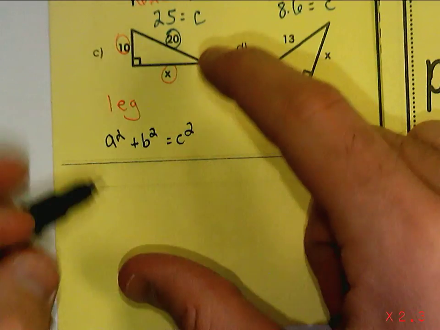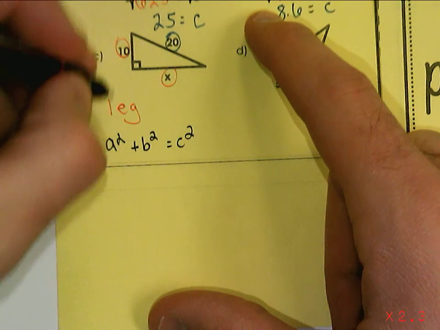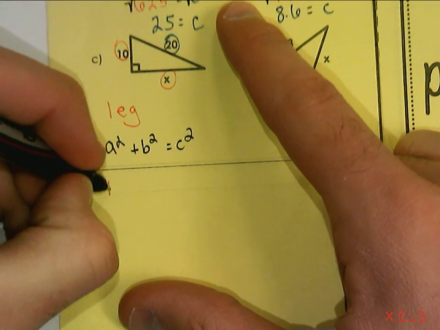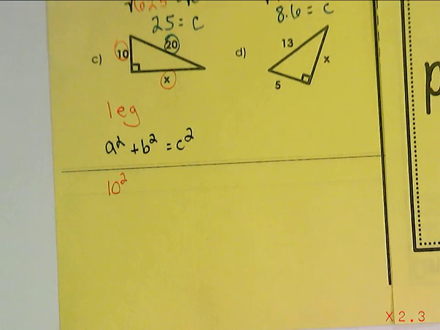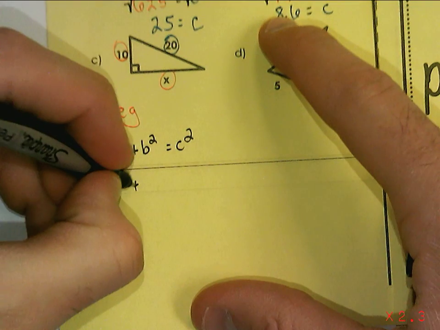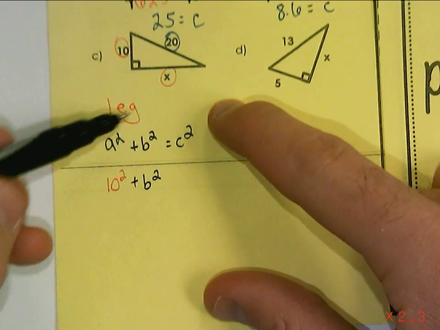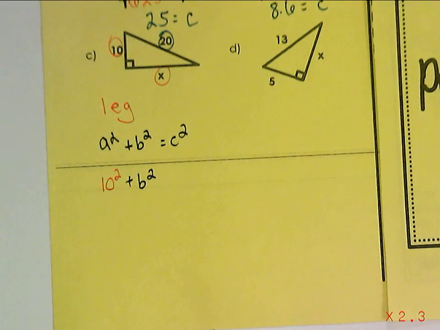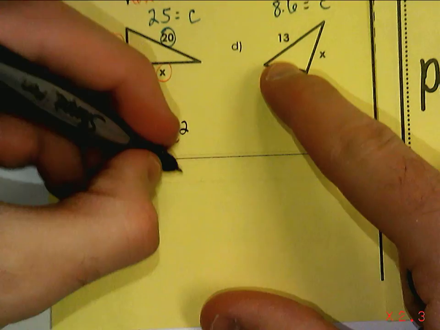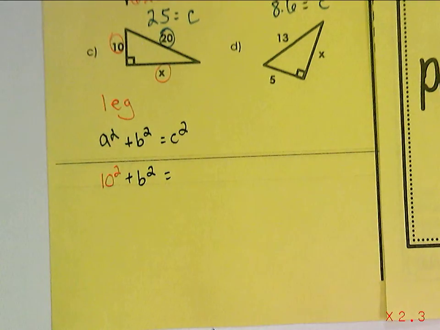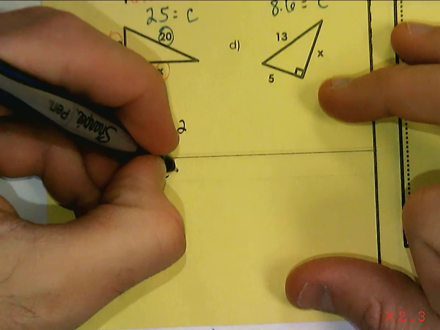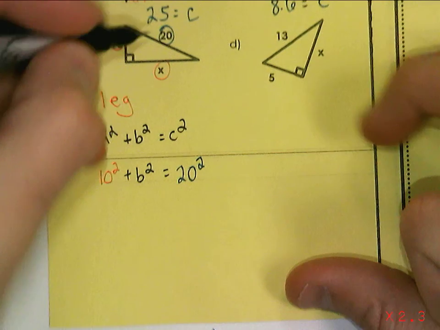So I'm just going to put 10 in for a. So 10 squared. We don't know this leg, so I'm just going to keep b squared in here. And this is going to help us solve what this x is here. And that's going to be equal to 20 squared in this case, because we know what the hypotenuse is.